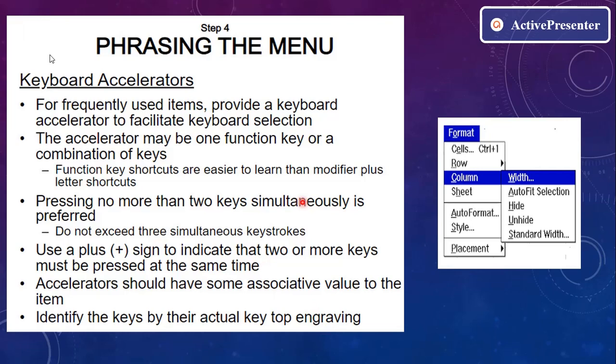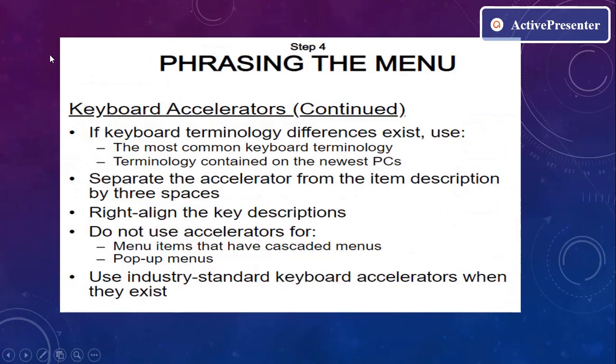So let us continue with this keyboard accelerator only. Keyboard accelerators, continued portion: if keyboard terminology differences exist, use the most common keyboard terminology, the terminology contained on the newest PCs.